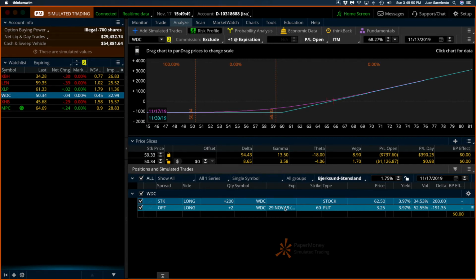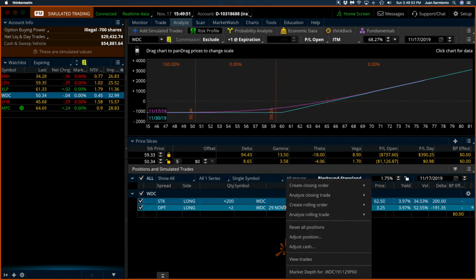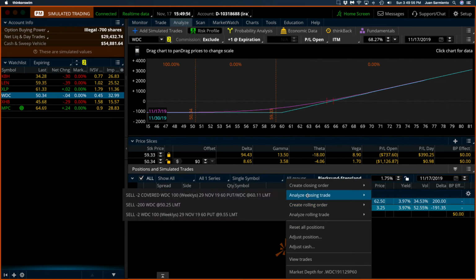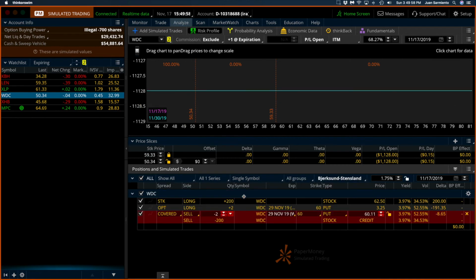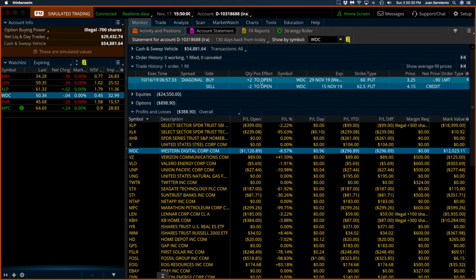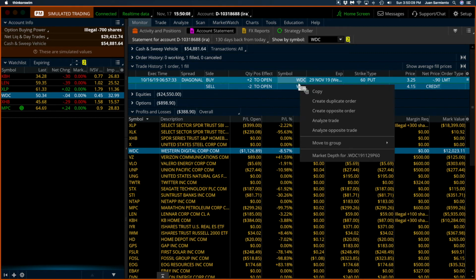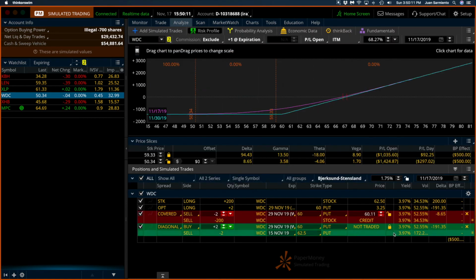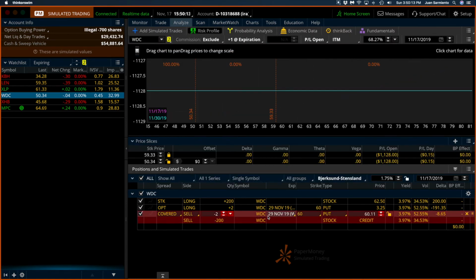So let's just close this. Analyze closing. Cover put. In a case like this, you have to rely on this P&L year to date. Or if you had kept this up on Friday, you would have done this. Okay, so let's just send this off like now. I don't really want to keep it anymore.